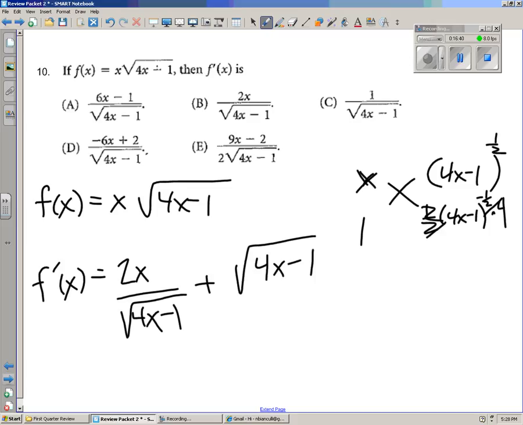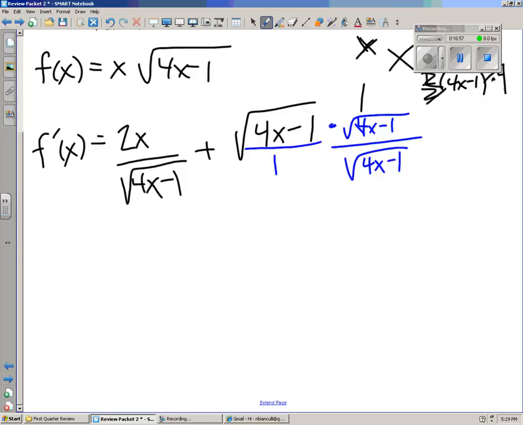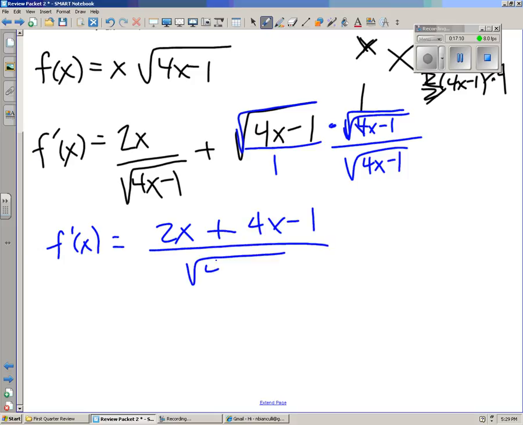So what we have to do is, it looks like they want us to get a common denominator. If you take a look, there's only one denominator in the answer. So we would multiply this last guy, which is really over 1 currently, by square root of 4x minus 1 over square root of 4x minus 1, which consequently becomes, let's see, we get f prime of x to equal 2x plus, when you multiply a square root by itself, it removes the radical, 4x minus 1 over the square root of 4x minus 1.